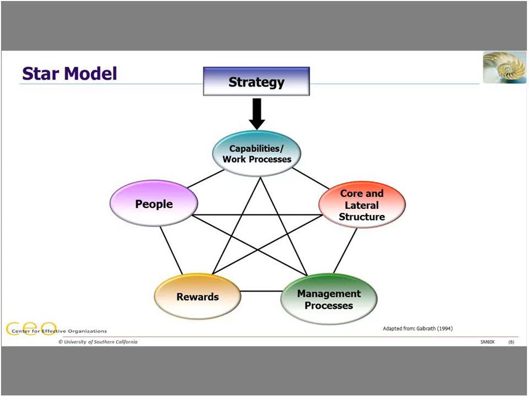and systems and processes. And the lines between all the elements of the star are important because they speak to how well aligned the different points of the star are.